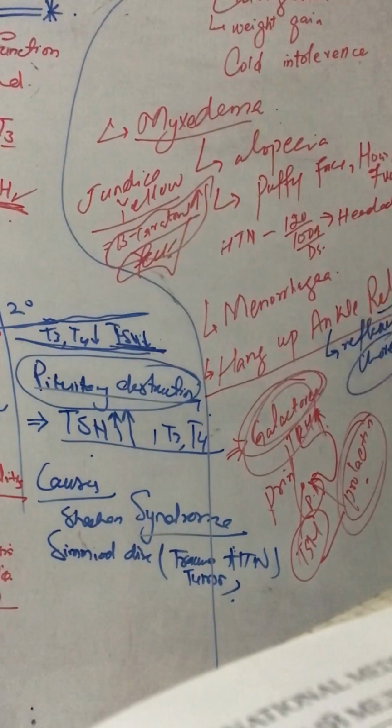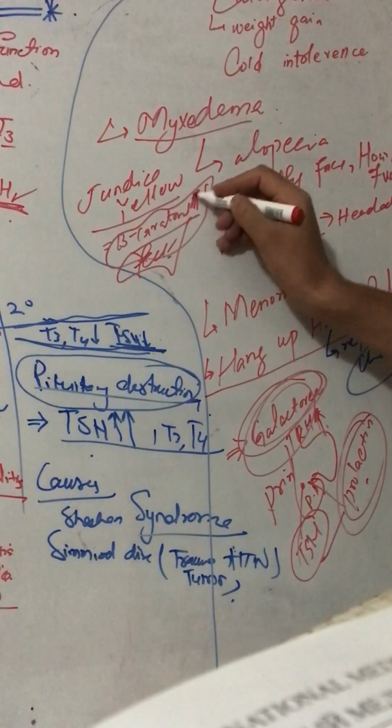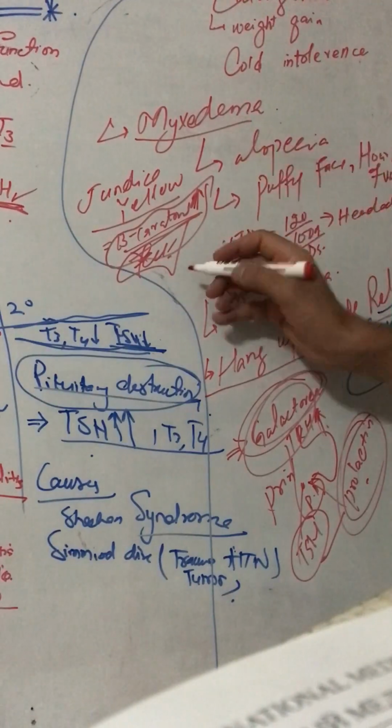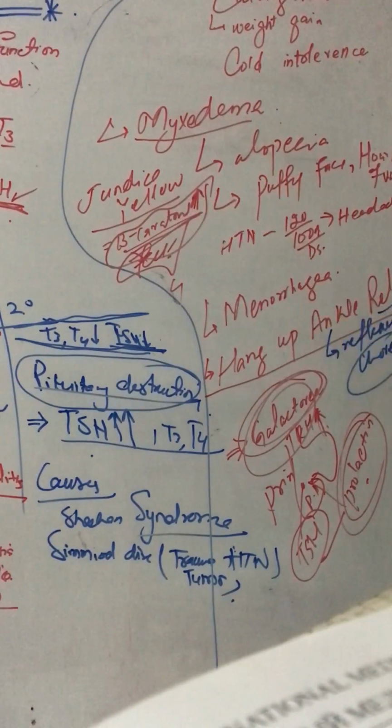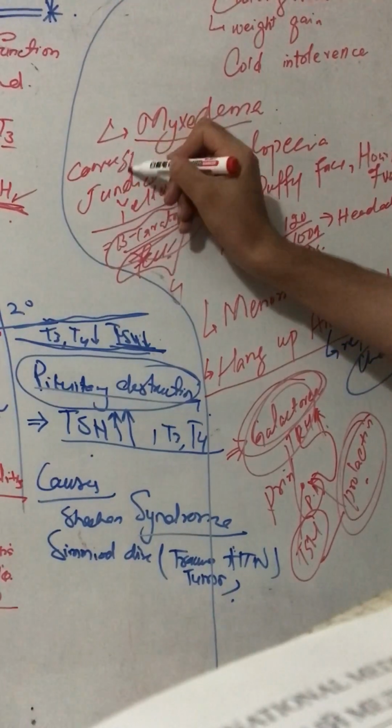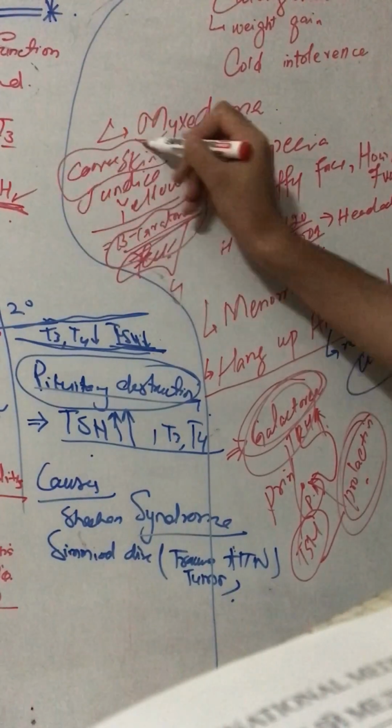In hypothyroidism, by the decrease of the thyroid hormones, the beta carotene will increase, but there will be yellowish color only of the skin, not the eye. So that will be the difference. That is due to the increase of beta carotene in the body. We call this sign coarse skin. Coarse skin is a sign, not a symptom.